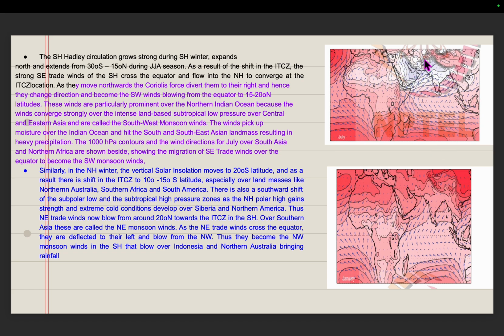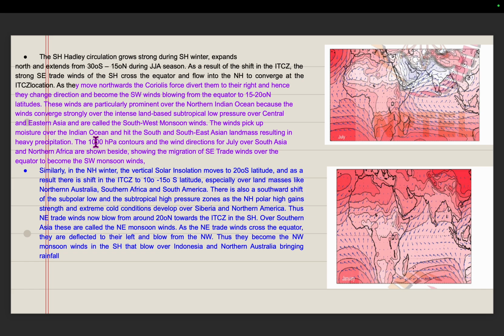You can see in this figure the monsoon winds entering from the western region of our country, and this originates because it is the summer season and the ITCZ has moved to the northern 10 to 20 degree zone.